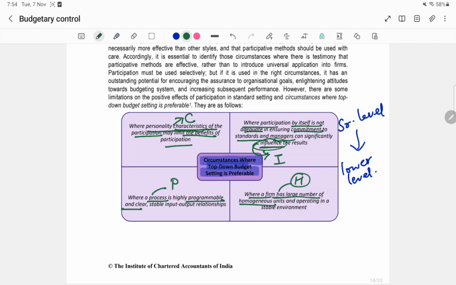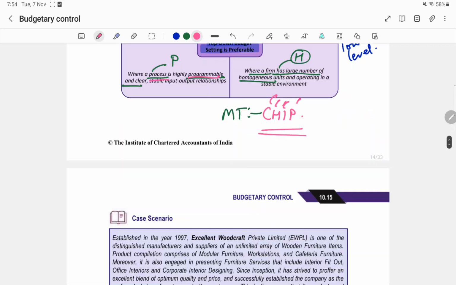What is the memory trick for this? CHIP, that is C-H-I-P, chip. So where top down budget setting is preferable, let us revise. The memory trick is chip, that is C from characteristics, H from homogeneous units, I from influence the results, and P from process is highly programmable.